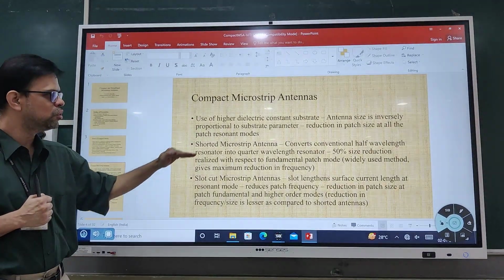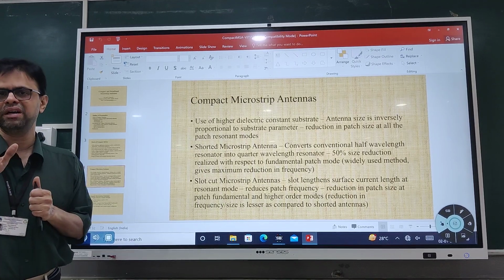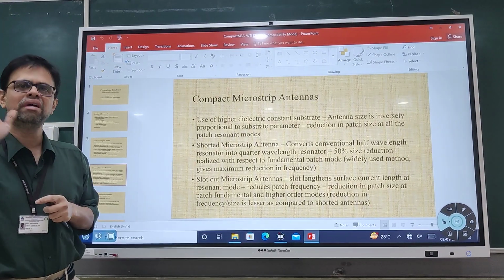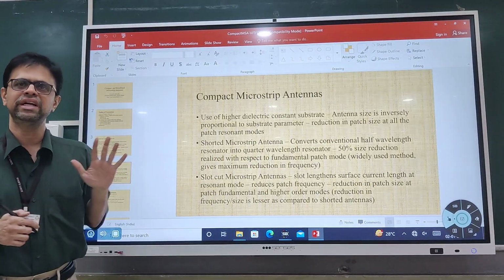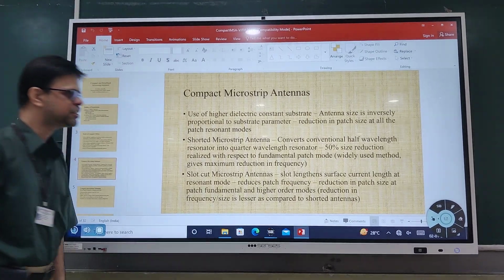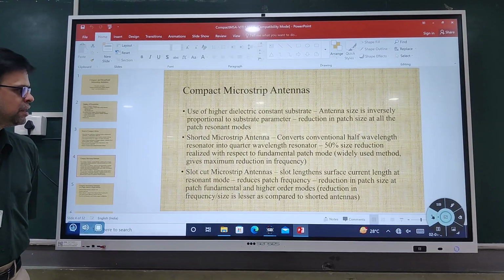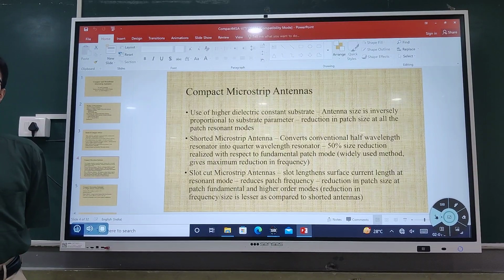So in the shorting post, we are going to the basic minimum condition of electromagnetic radiation, that a quarter wavelength dimension of the antenna is used as the radiator. In that process, a 50% size reduction is achieved. Of course, it is operating with respect to the fundamental mode of response.